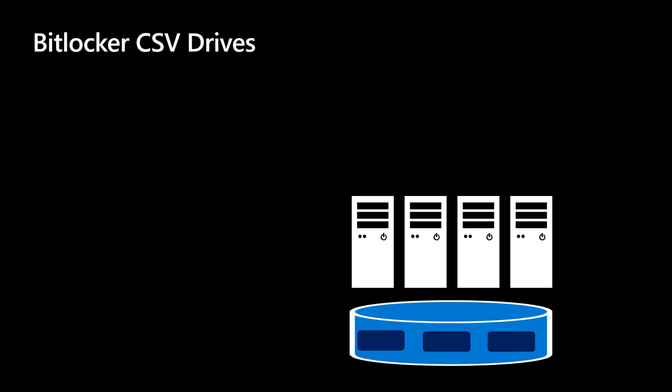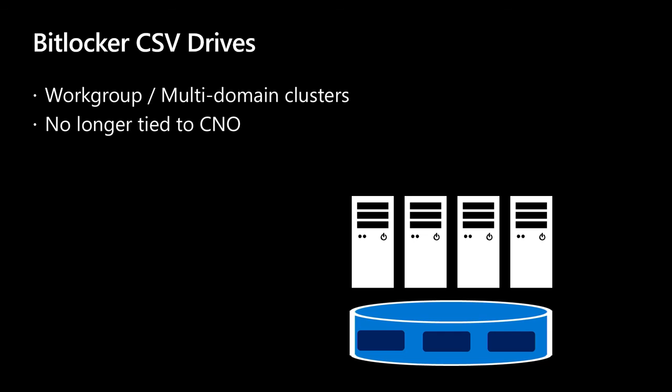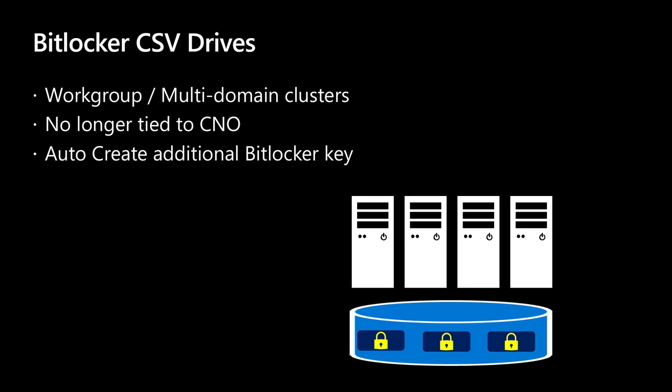Well, in the scenario that I gave earlier, domain migrations, I move from one domain to another, that key is not in the new domain. Okay? If I'm at an edge location where I don't have a domain available, BitLocker's not an option for me, so I'm less secure. So for workgroup and multi-domain clusters, it's no longer tied to the CNO.